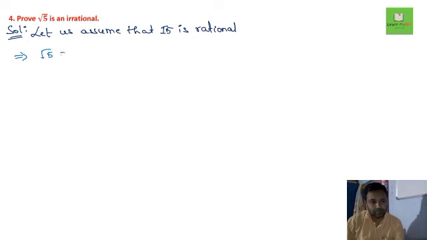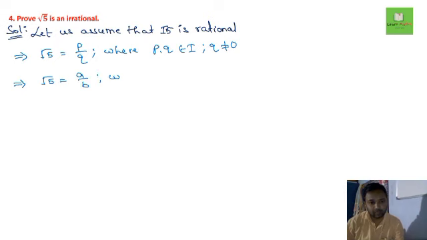Root 5 is equal to p by q, where p, q belong to integers and q is not equal to 0. Now, suppose p and q have some common factors, then express p by q in its lowest form. Therefore, we get root 5 is equal to a by b, where a, b are coprimes.